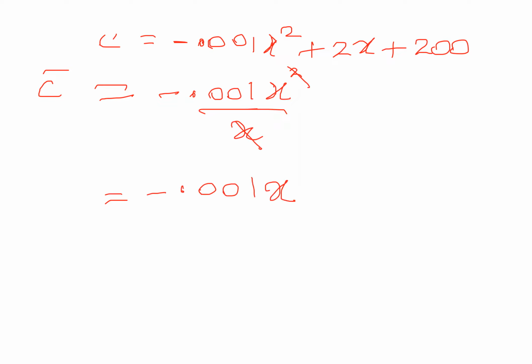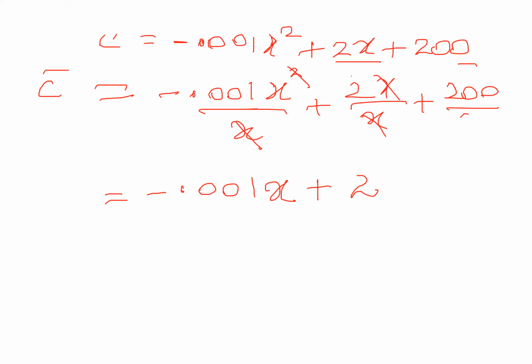When dividing 2x by x, it becomes only 2. And when you divide 200 by x, we can't simplify further, so we need to write it this way. Then this is the C bar function.